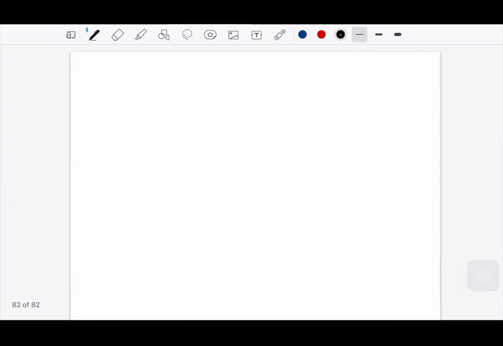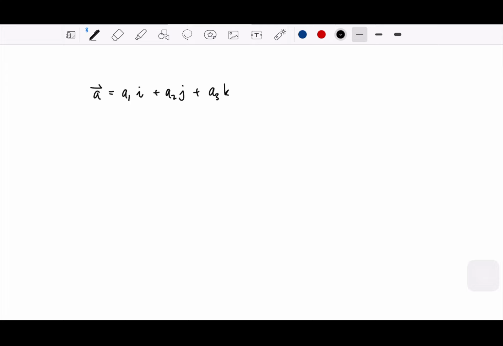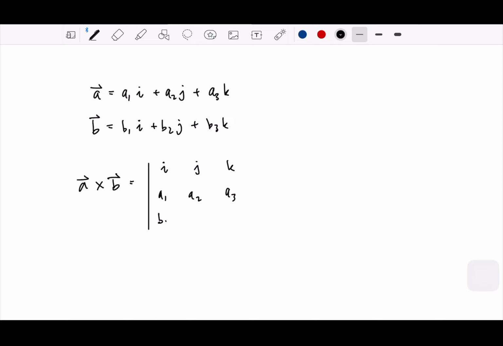So we can rewrite this in terms of, let's say, we have vector A1 i plus A2 j plus A3 k, and vector B. So if we write A cross B, we can write this in terms of i, j, k, and then A1, A2, A3, B1, B2, B3.